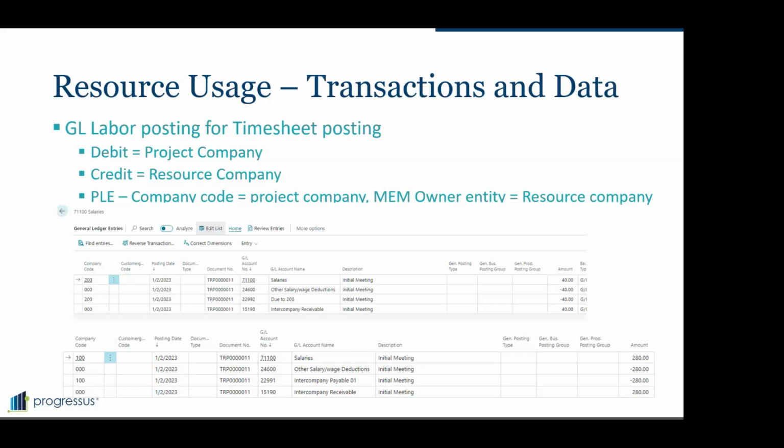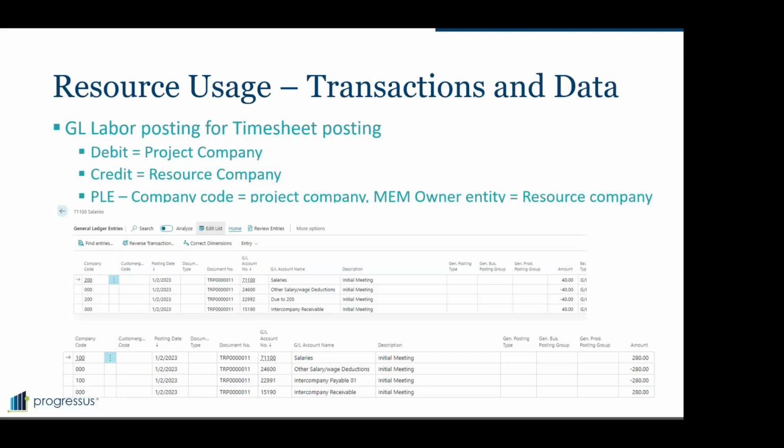When the GL posts the time from the journal, if GL labor posting is turned on, then the following results will occur. You will get general ledger entries as follows. The debit will always flow to the project company, and the credit will always flow to the resource company.